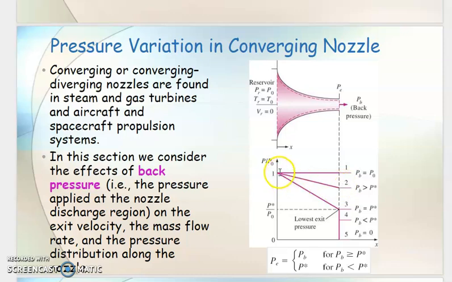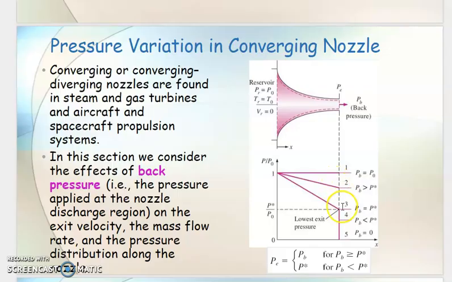Now the pressure within the converging nozzle is reducing when X is increased. This is what happens with the pressure. If you have this pressure, the velocity will move and the air will flow.